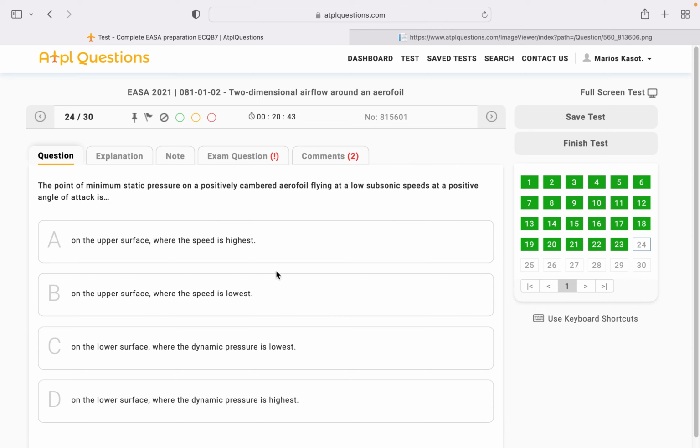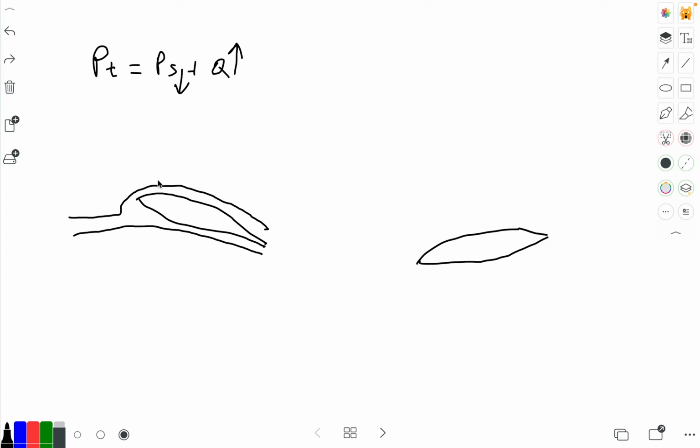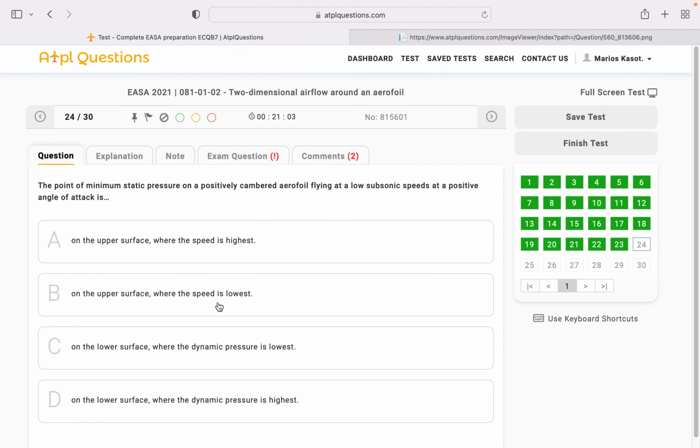Of course, we eliminate these two. Positive angle of attack, positively cambered: on the upper surface where the speed is the highest. Okay, so when we have the highest speed, we have the minimum static pressure, and the greater pressure differential.